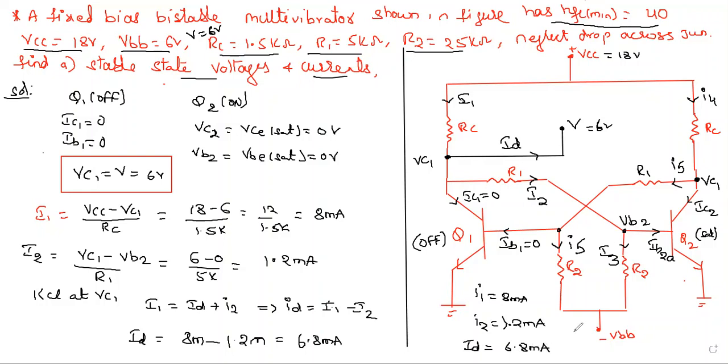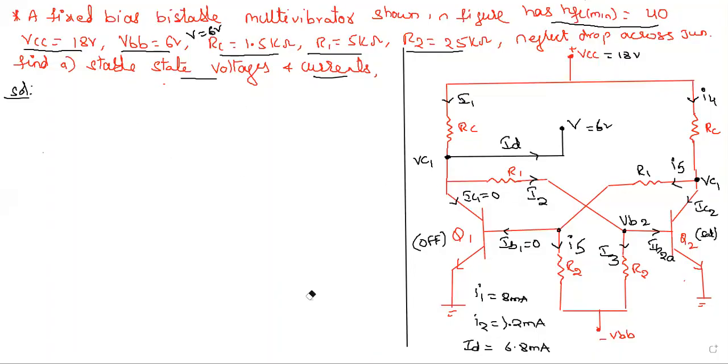Okay, now let us calculate I3. Because VB2 is fixed, VBB is fixed, we can easily calculate the value of I3. So I3 is the current which is flowing in this R2 resistor. So I know the value of VB2, we know the value of VBB.